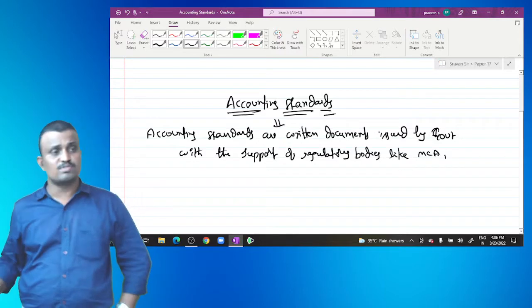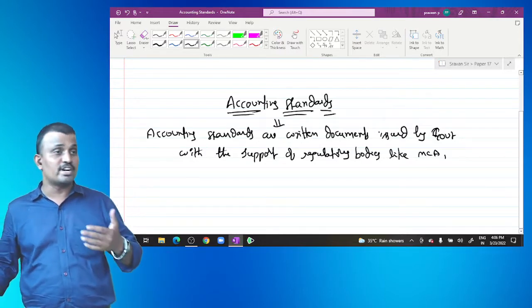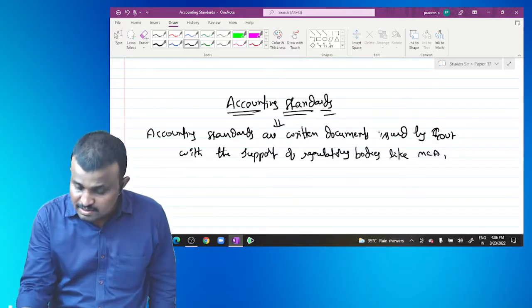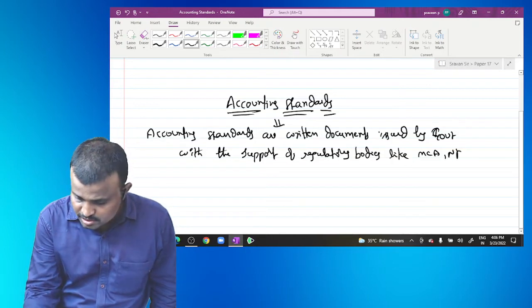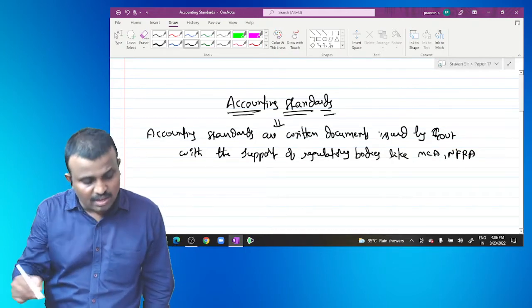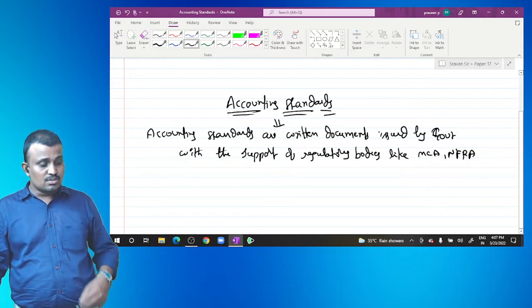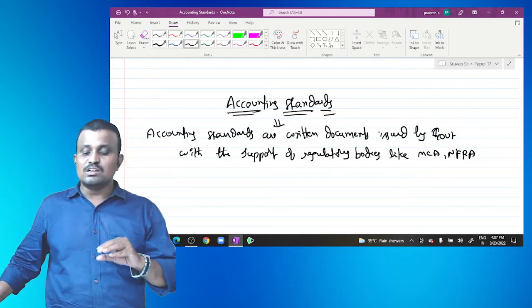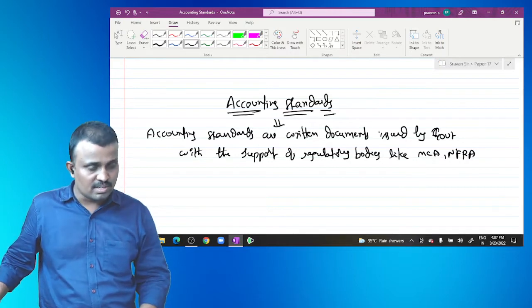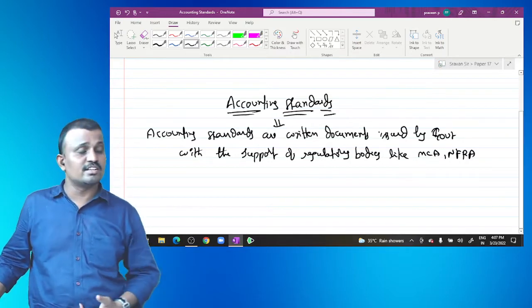MCA stands for what? Ministry of Corporate Affairs, and National Financial Reporting Authority. So these are the written documents issued by the government with the support of regulatory bodies.